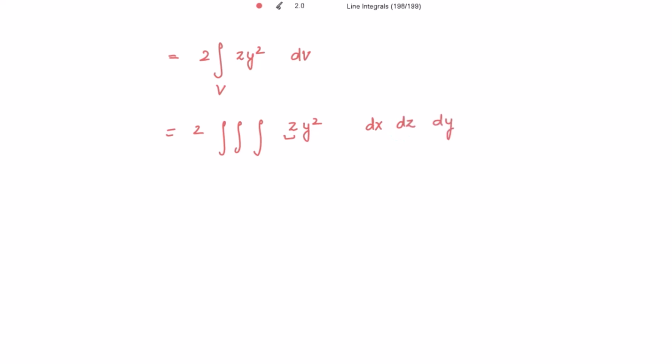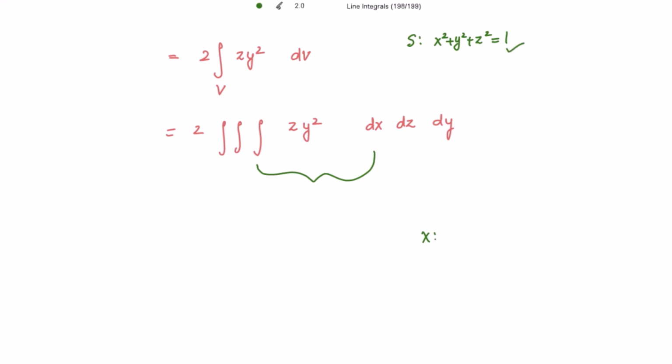It's up to you in whatever way you want to do. The surface given to us is the part of the unit sphere x square plus y square plus z square is equal to 1. Let's first write the limits for the innermost integral, that is the integral with respect to x.